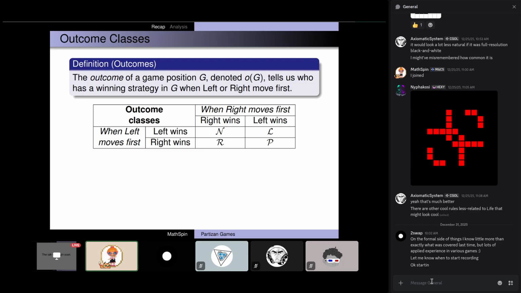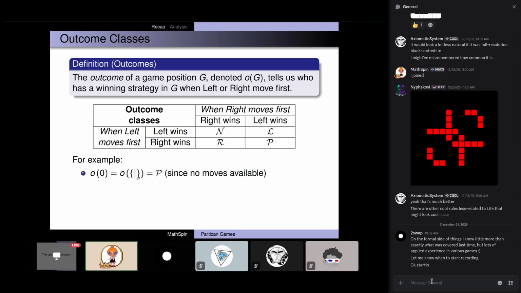And similarly, if we played the same game position with Left moving first, maybe under perfect play Left will win, or maybe Right will win. And so we have these four outcomes. N is for next player will win. L is Left will win regardless. R is Right will win regardless. And P is shorthand for previous player will win, as if this were in the middle of some chain of moves. So here are some examples.